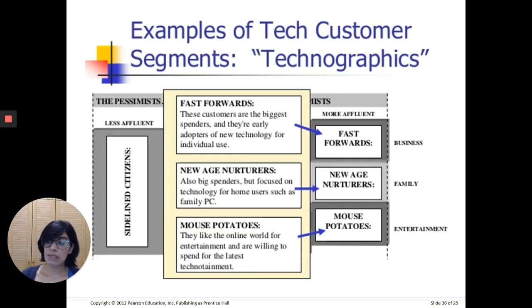So they'll have a family PC, they'll probably get smart technology in the home. And then finally, you have the mouse potatoes. They are willing to spend whatever they can online to get the latest techno entertainment. So they are very much online for their entertainment, and they are willing to spend whatever to get the newest technology.